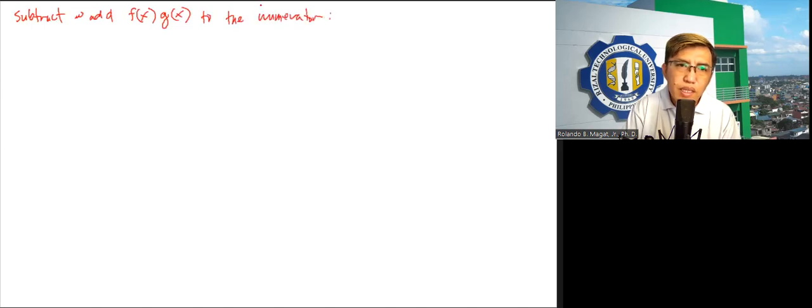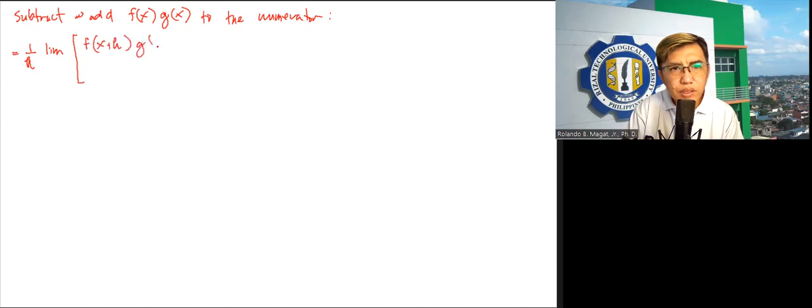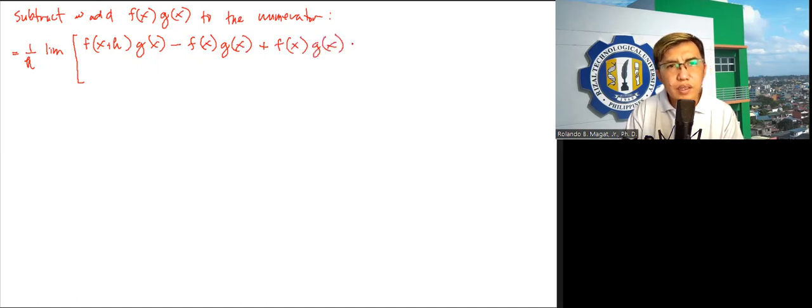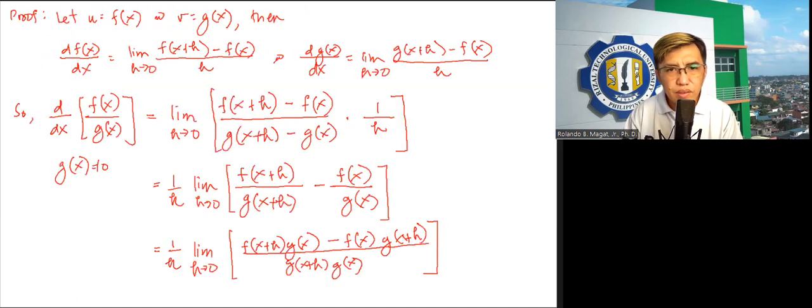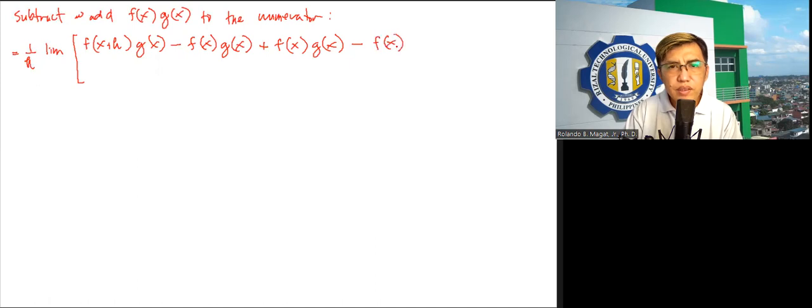So that what we have now is 1 over h times the limit of f of x plus h times g of x minus f of x times g of x, plus f of x, g of x, minus f of x times g of x plus h, all over h.